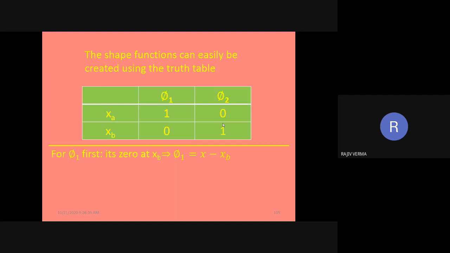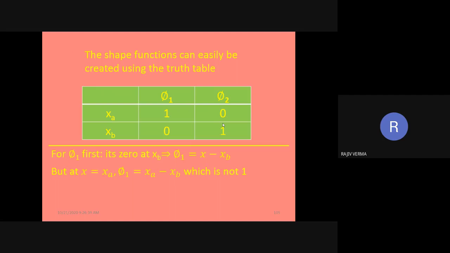But when you evaluate the expression of phi 1 at xa, we get xa minus xb, which obviously is not 1. But it was desired that the value of phi 1 is supposed to be 1 at this location.